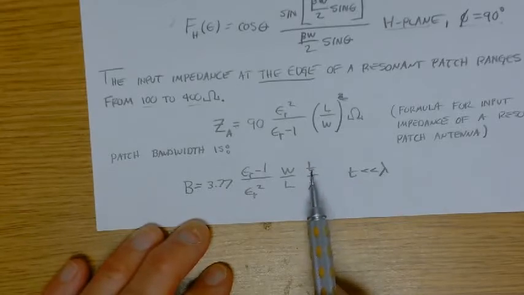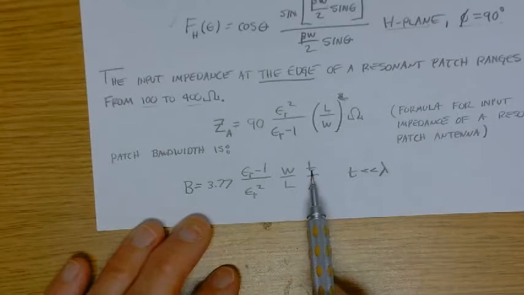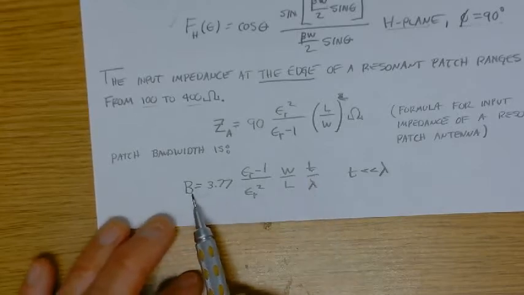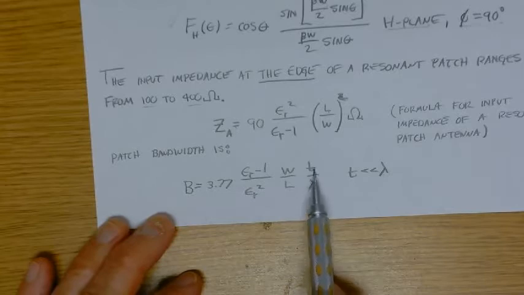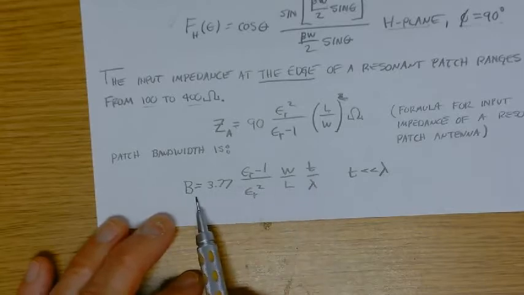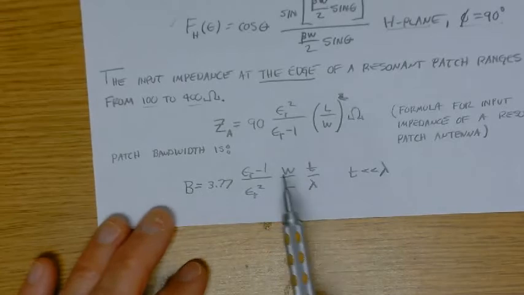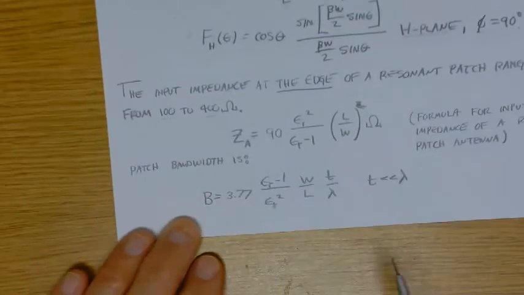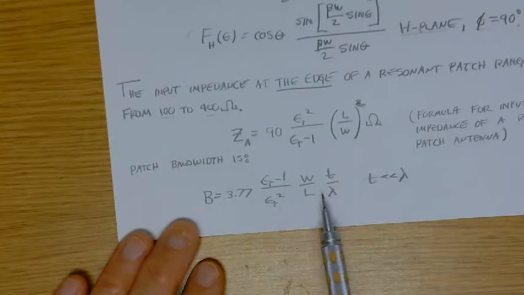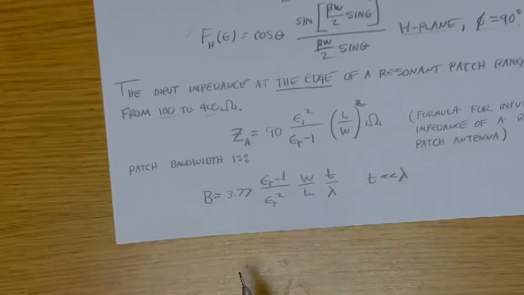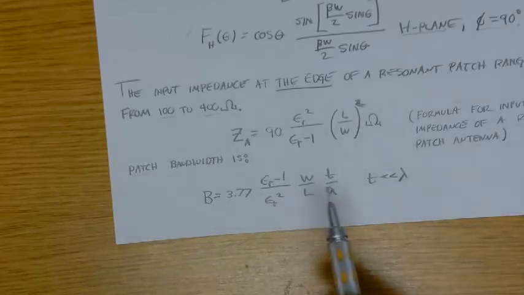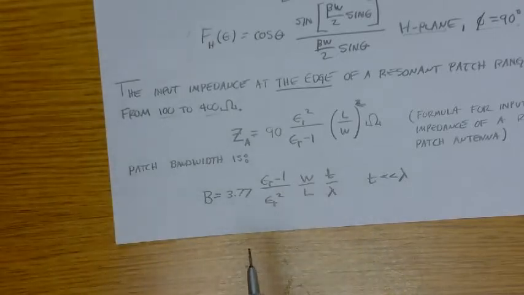So really skinny patches have small bandwidth. As you increase the thickness of the patch, the bandwidth increases. But then remember, the simple formulas above are less accurate. So thick patches have more bandwidth than thin patches, but the thin patch adheres to the formulas, and so maybe it's a little easier to design based on formulas. There are more sophisticated ways of solving this problem via numerical methods.